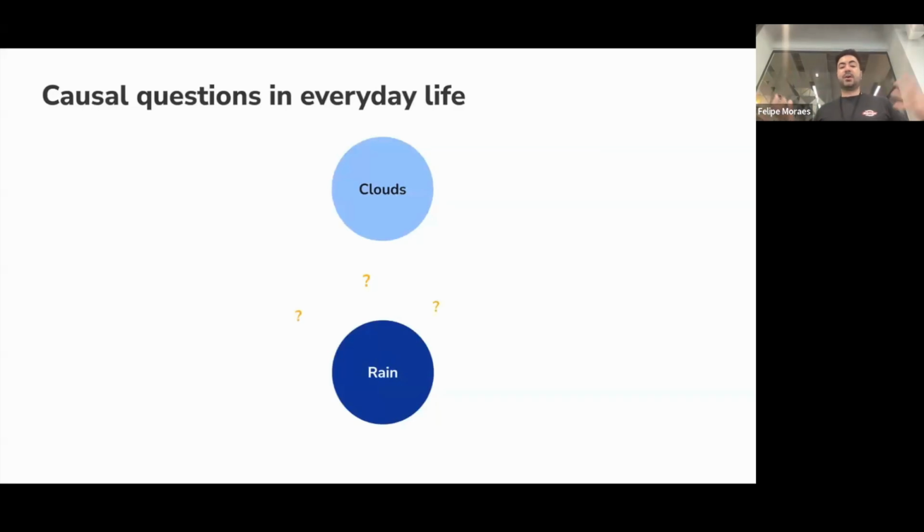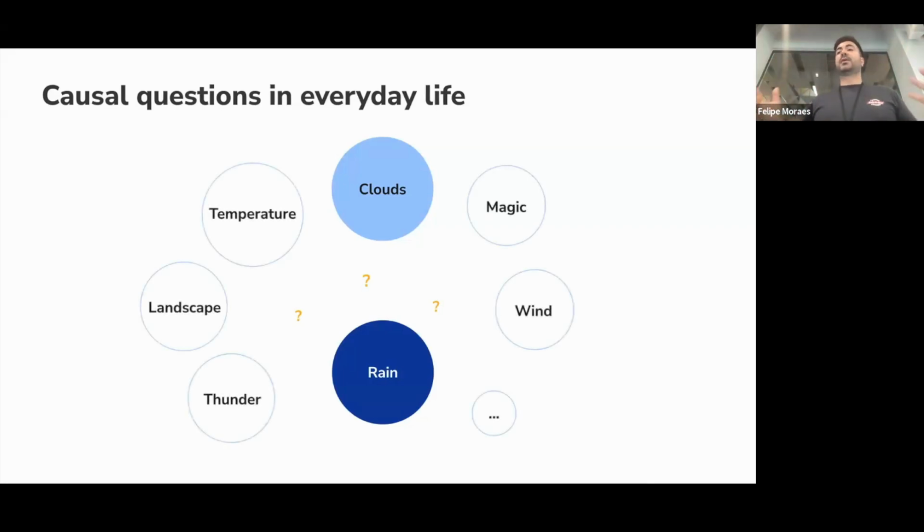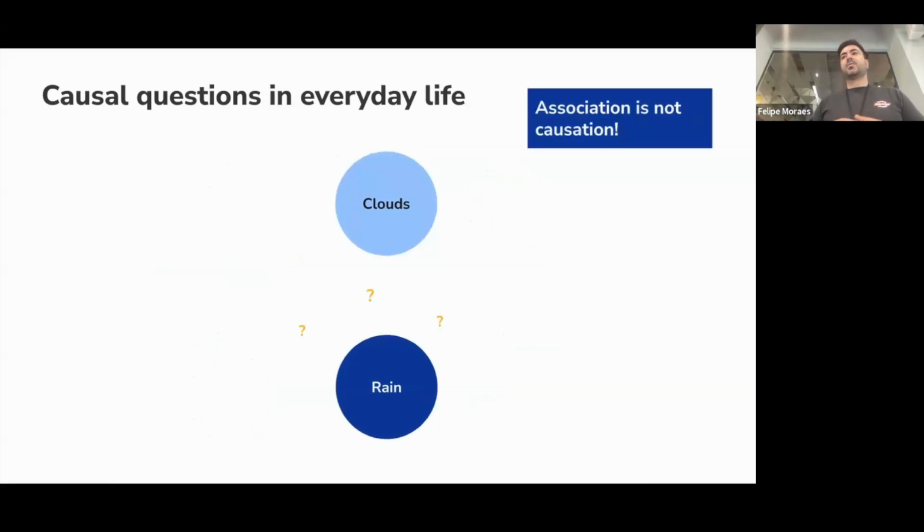Besides the clouds, this one variable that we have, there are other variables, right? The temperature, thunder, wind, all those might also cause rain. We are tired of hearing that association is not causation. So many of the things might seem to cause the rain, but they don't.